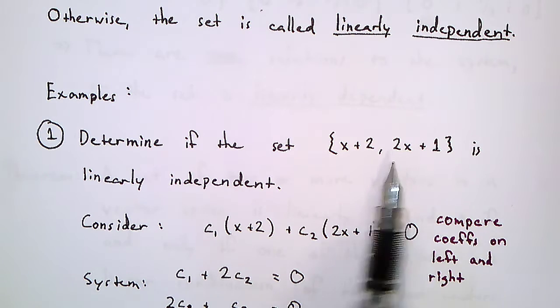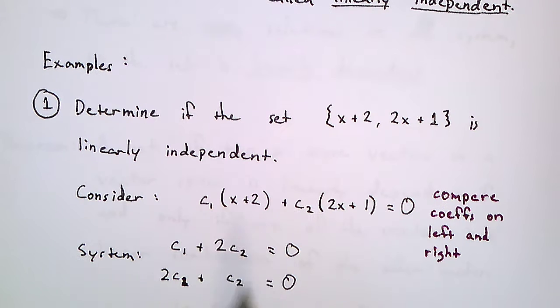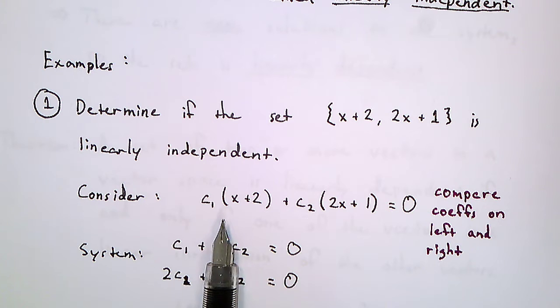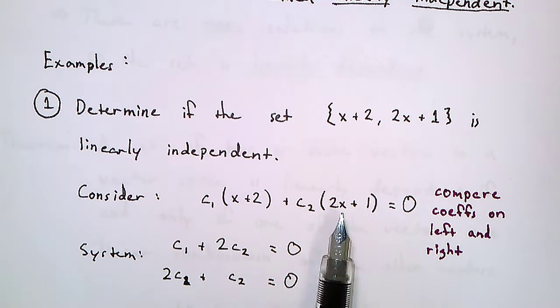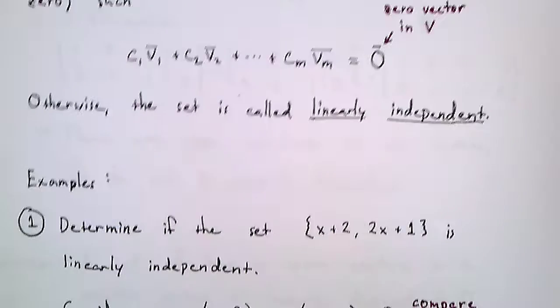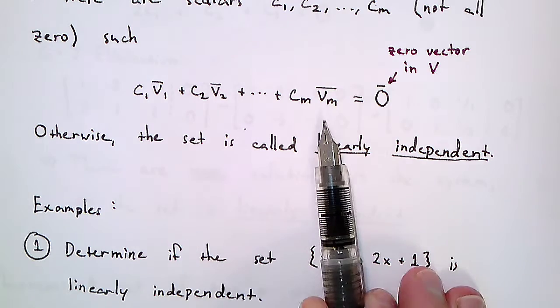It doesn't really matter when we're considering linear independence, because all we're going to look at is a single equation. So I've set up a linear combination of the two vectors, the two polynomials, and I've set it equal to 0. And this mirrors the equation from the definition.